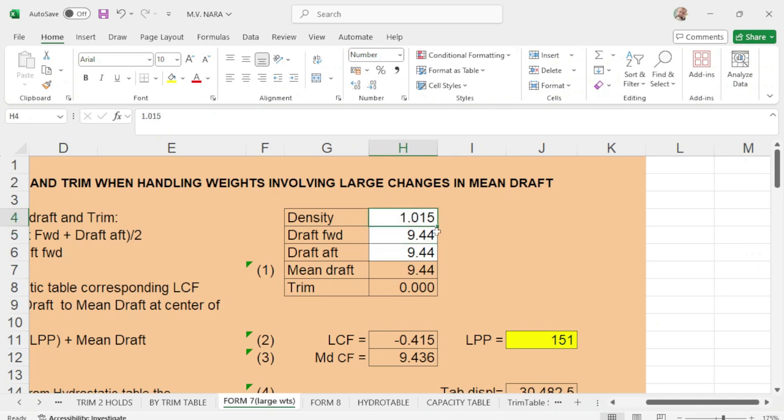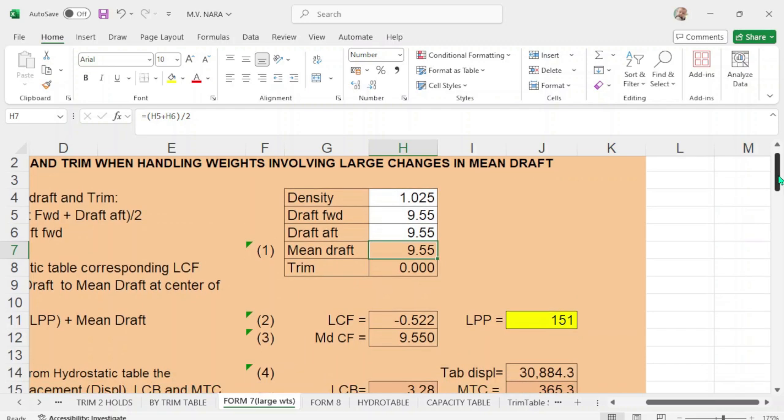So your initial density is 1.025, and your drop is 9.55. Okay, and what will be your drop if you float in a density of 1.00 metric tons?